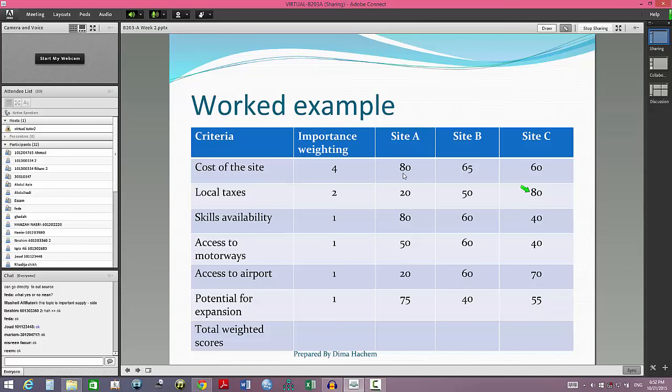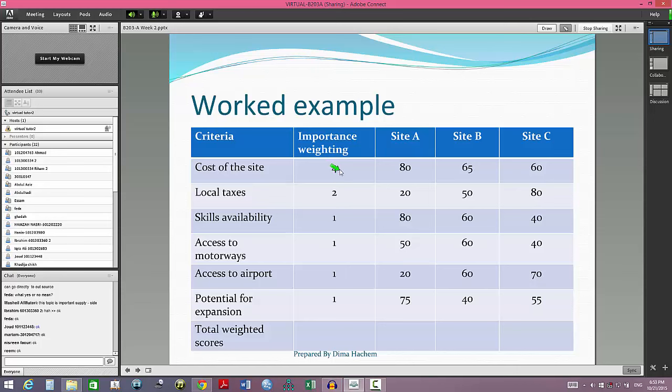By the way, if you have this question in the exam, these figures will be provided to you, and those weights will also be provided to you.